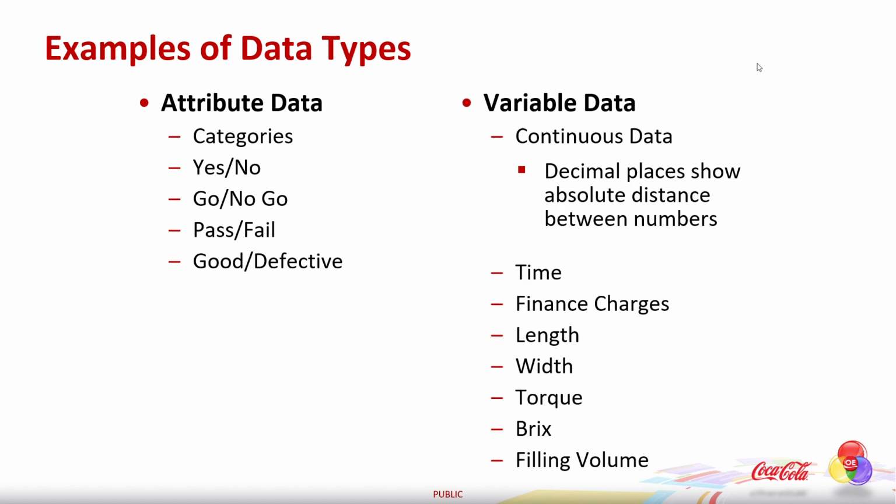While in variable data, we have continuous data in which we have different types of numbers. We have time, finance charges, lengths, width, torque, brakes, filling volume, etc. All these are examples of variable data.